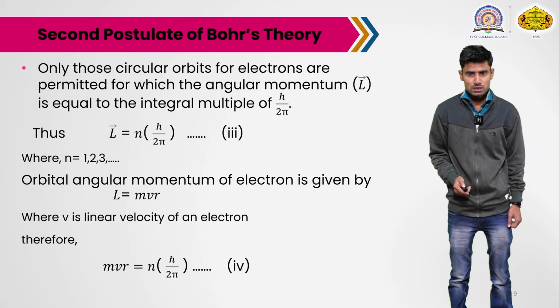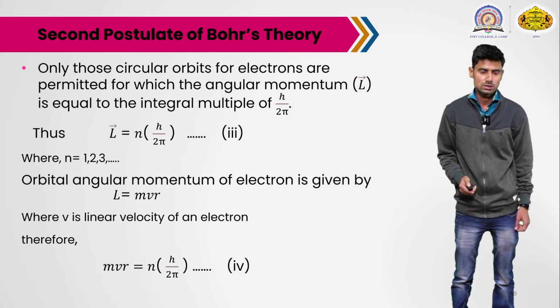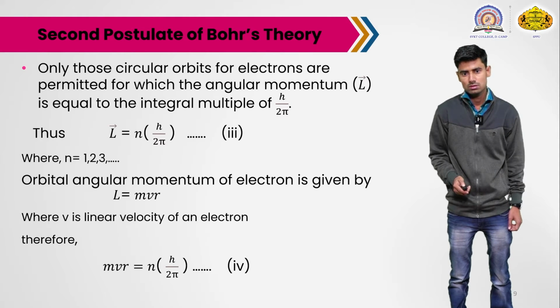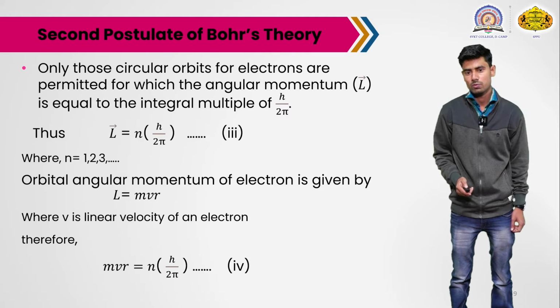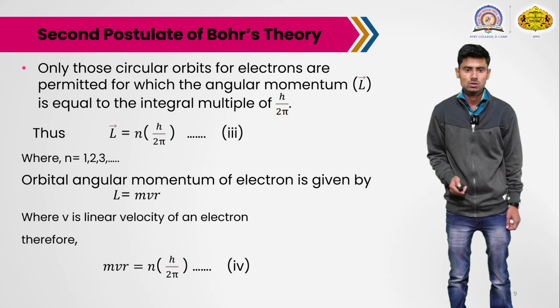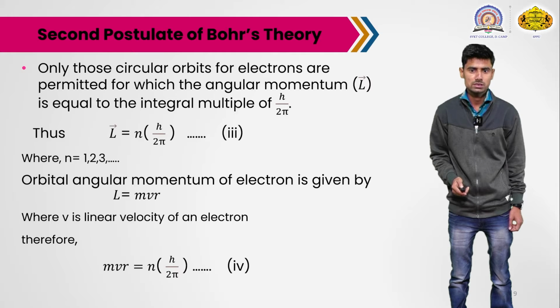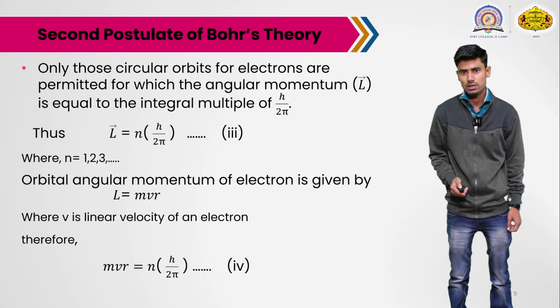Now let's move to the second postulate of Bohr's theory. The second postulate states that only those circular orbits for electrons are permitted for which the angular momentum is equal to an integral multiple of h upon 2 pi. So Bohr's second postulate predicts that you cannot take any random values for the angular momentum of the electron.